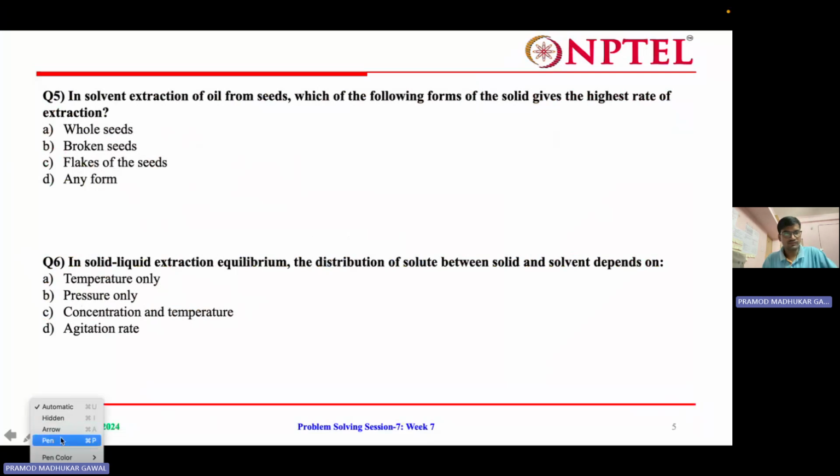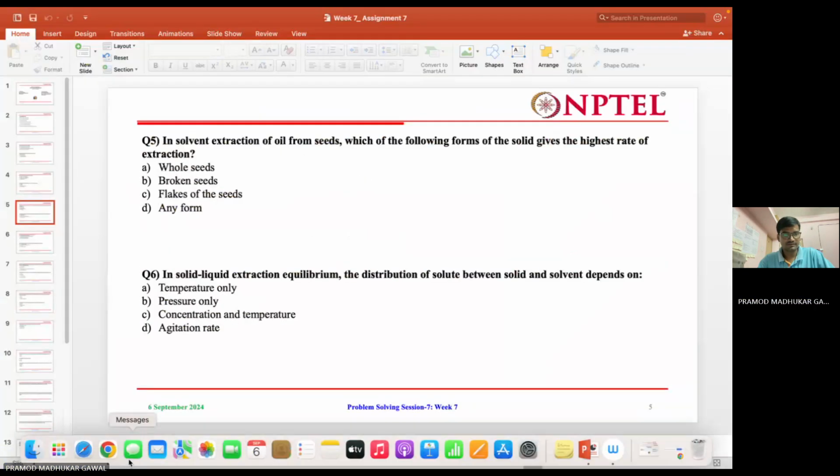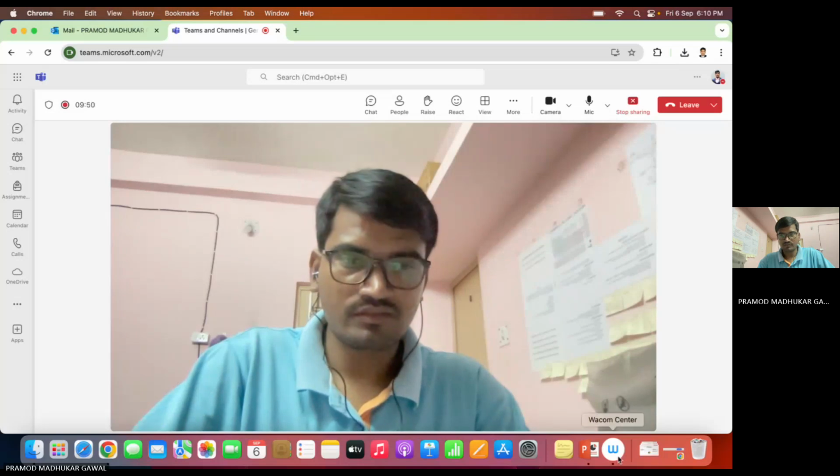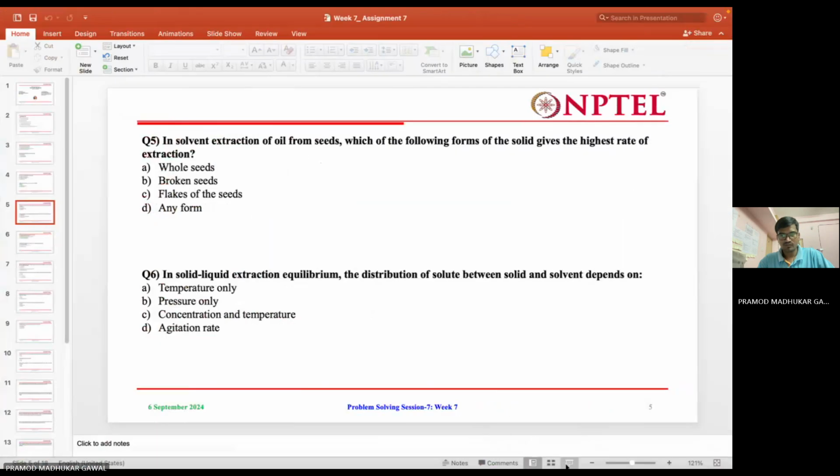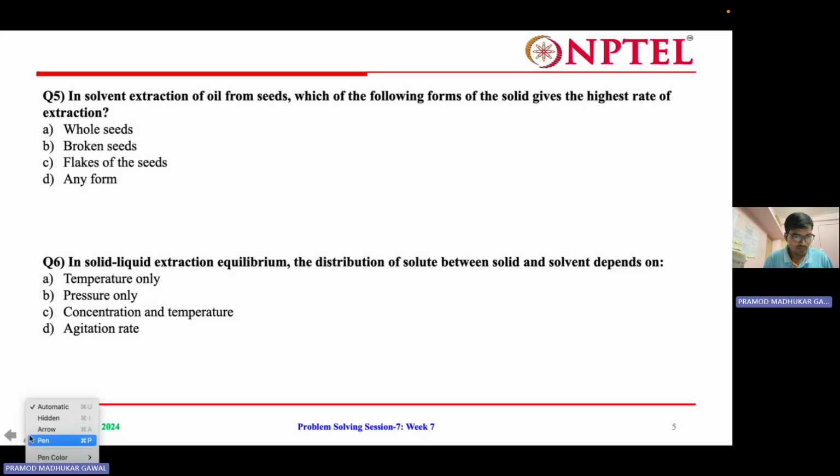Moving to question number 5. In the solvent extraction of oil from the seed, which of the following forms of the solid gives the highest rate of extraction? Here are different types of solid used.